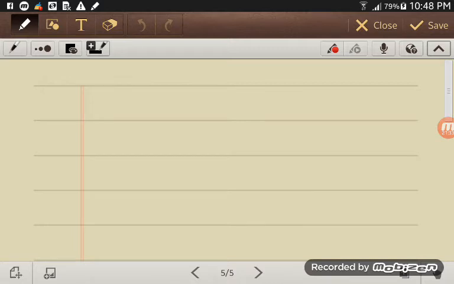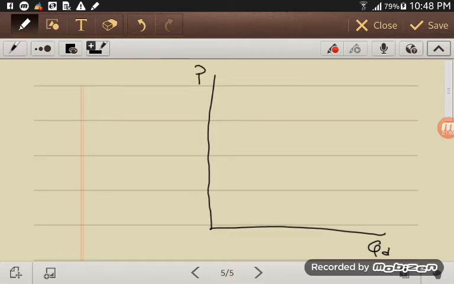So here we have to differentiate between 2 different concepts: what's meant by a shift of the curve and what's meant by movement along the curve. This is the demand curve. As we said, if income increases and the commodity is normal, demand will increase.